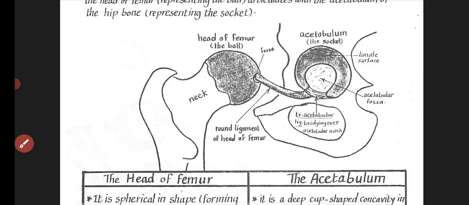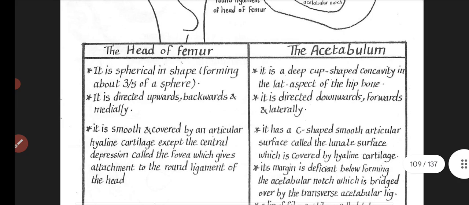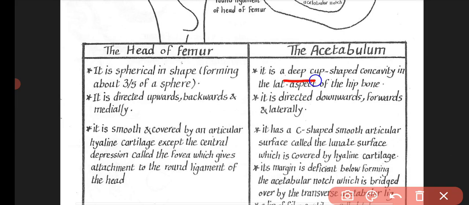So note it down. Next one is the acetabulum. It is a deep cup-shaped concavity in the lateral aspect of the hip bone, which is directed downwards, forwards and laterally.